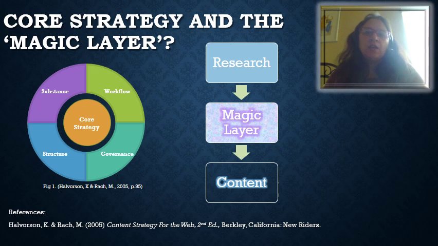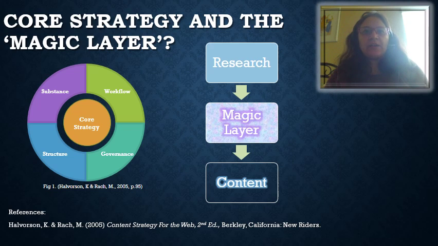It really is where you take all the research and make it into content, things that people want to engage in. So that's a little bit magical. Getting your message together, figuring out who your audience is, and then making that message appealing to them. That is what actually creates the content.